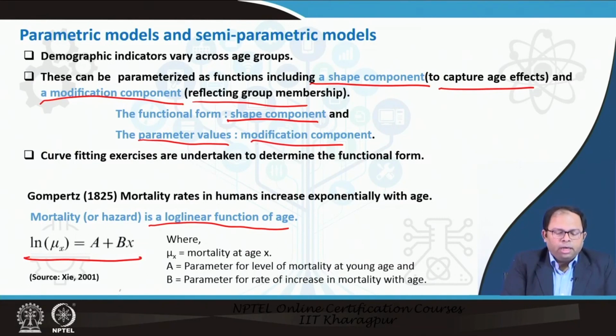We have mu x, which is mortality at age x, and we take the log value, which is equal to a plus bx, where a is the parameter for level of mortality at young age, and b is the parameter for rate of increase in mortality with age. That is how the relationship is defined, and a and b are the parameter values which are modified as per the age group. That means for young people the mortality is less. So the a value could be a fixed value and then the b value will change with that particular age group.